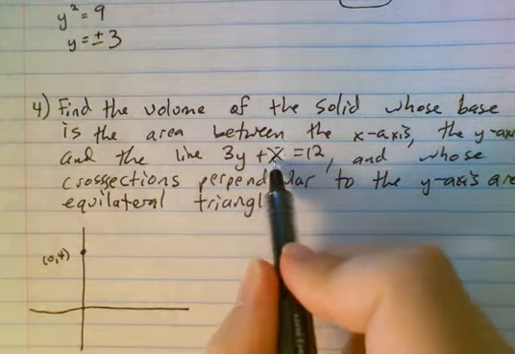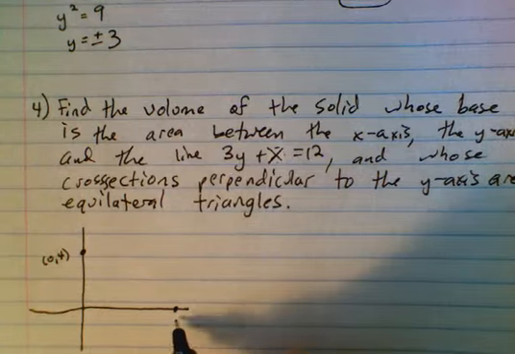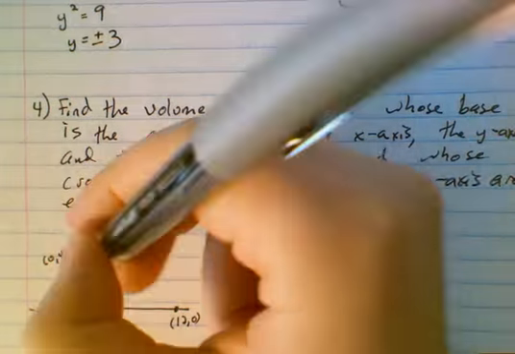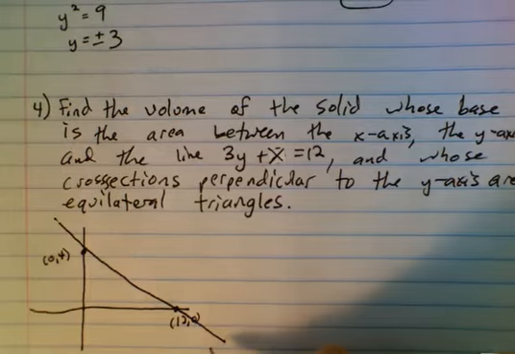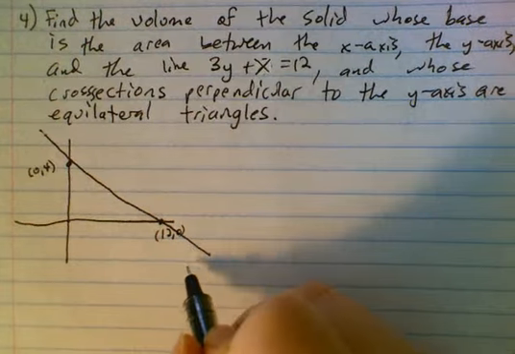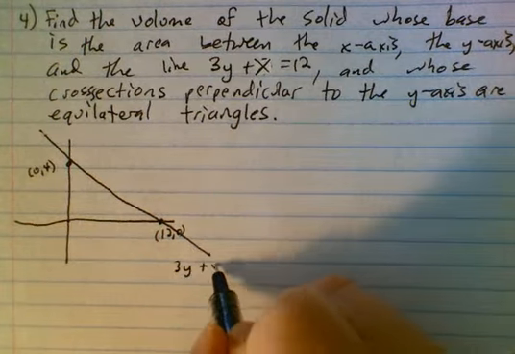And when y is 0, x is clearly going to be 12, so I have the point 12, comma 0 down here. I can just draw my line right through that. This is the line 3y plus x equals 12.